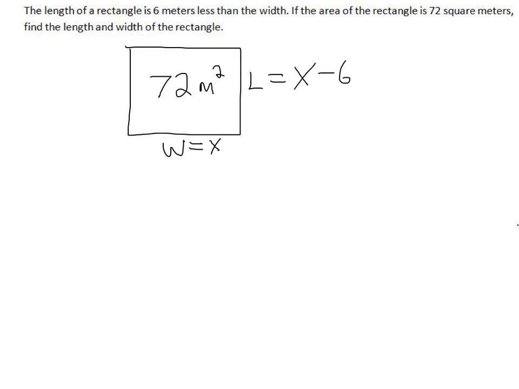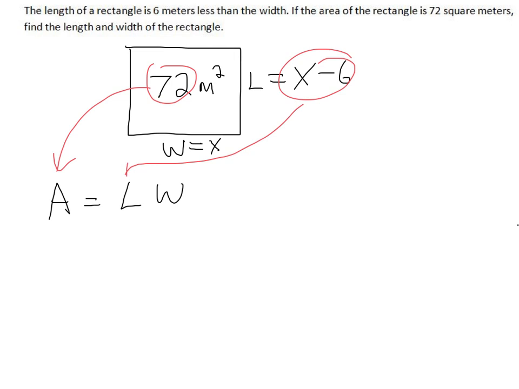Now that we have our picture drawn, we have to look for what kind of relationships are there between length, width, and area. And we end up with the area formula, A equals LW. So if I plug in A, L, and W into this equation, I will get 72 equals parenthesis.